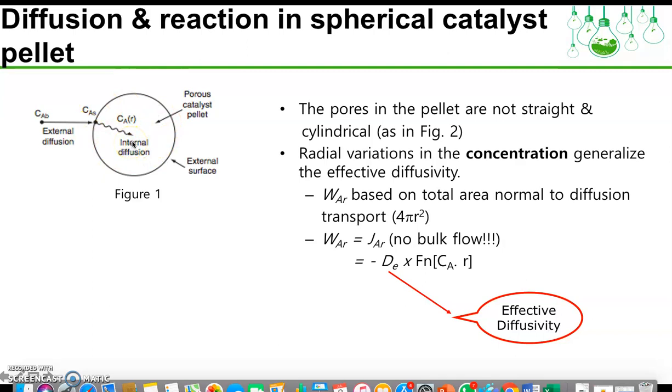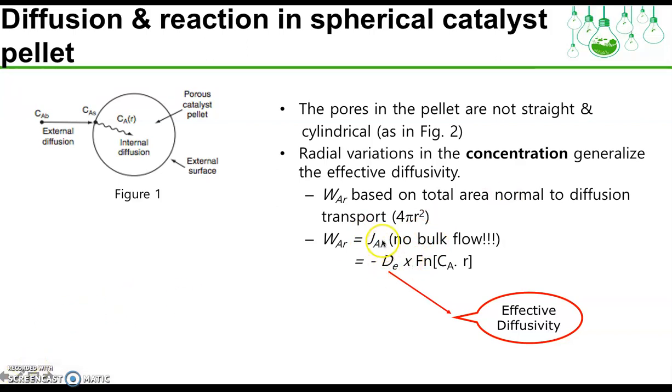The molar flux WA, as we learned in chapter 2, depends on molecular diffusion JA. Remember, WA equals JA plus BA, but in this chapter BA will not exist, so you will only see JA.